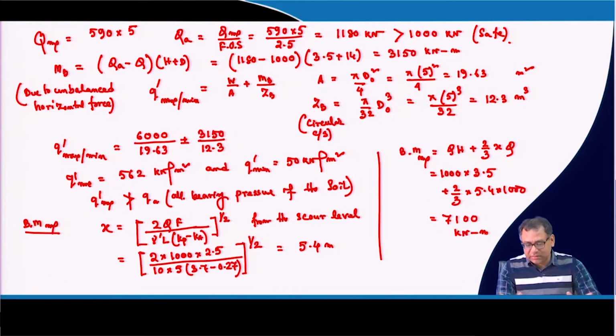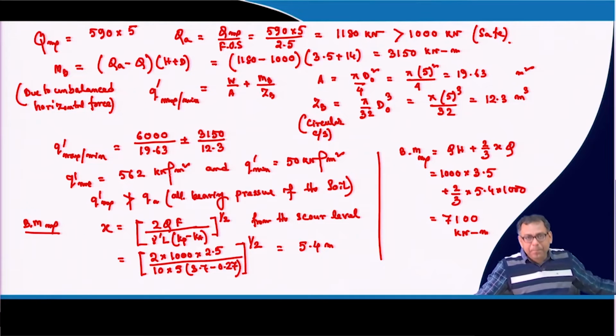You can change the dimension and do the calculation in the same way, so I have just considered 6000. For your case, you can change the design accordingly to avoid the negative stress at the base of the well. Okay, so, this is Terzaghi's approach.